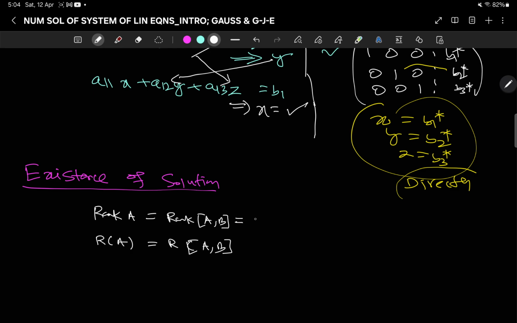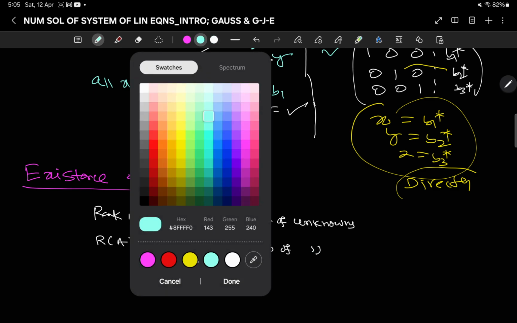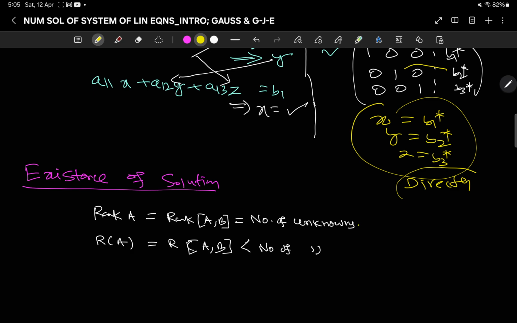If it is equal to the number of unknowns, it will lead to a unique solution.